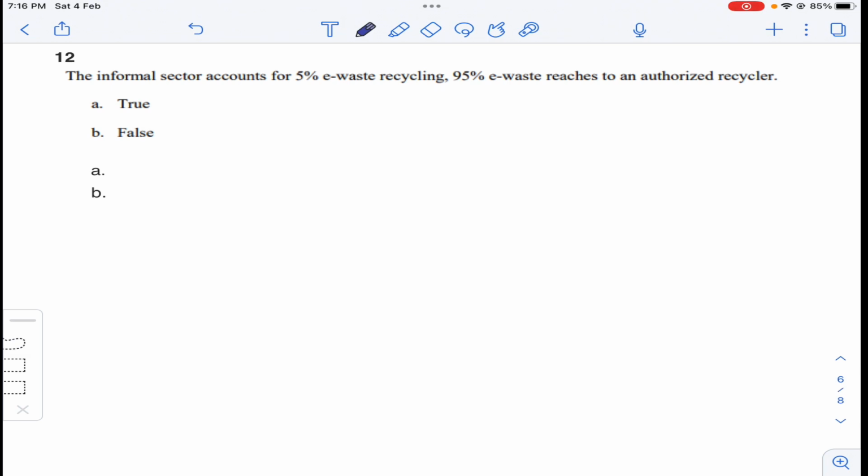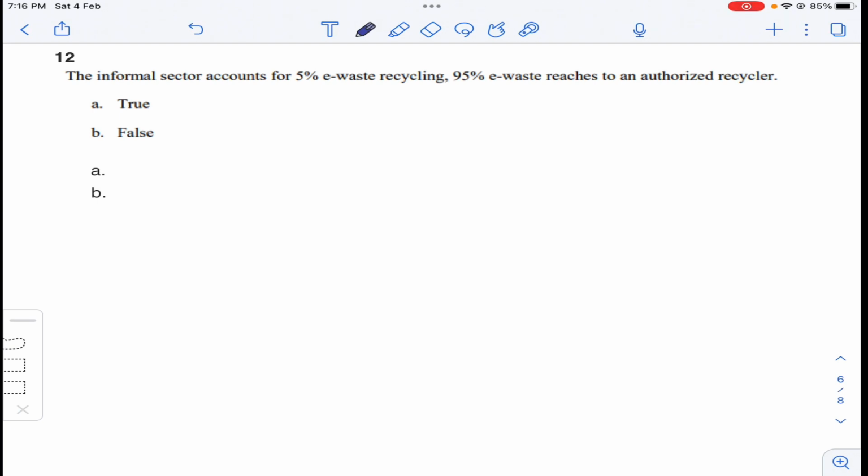12th question. The informal sector accounts for 5% of e-waste recycling, and 95% of e-waste reaches an authorized recycler.